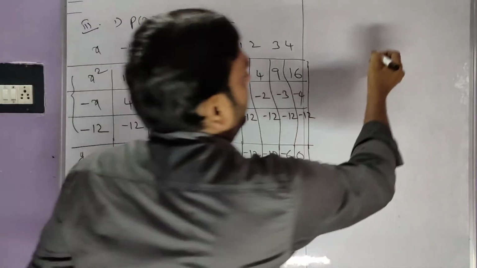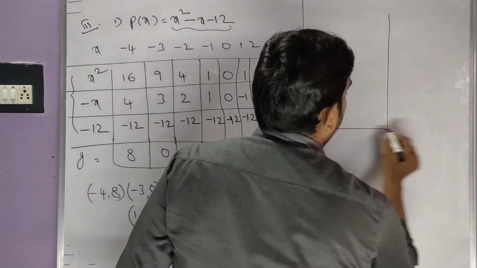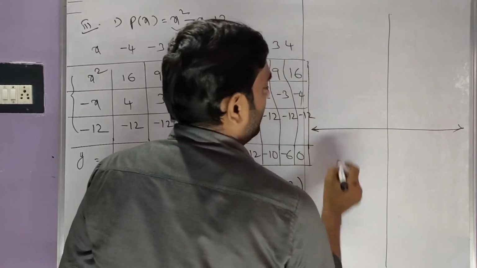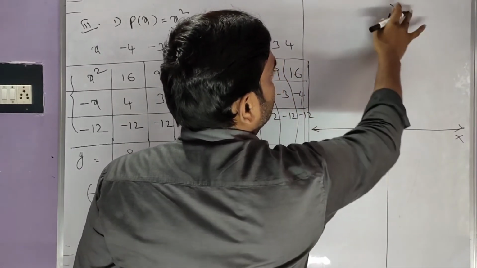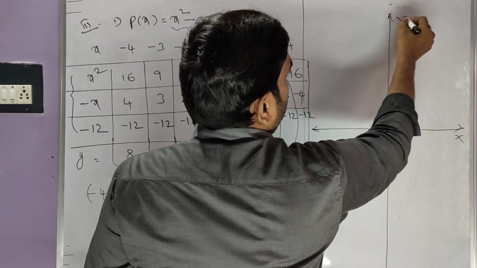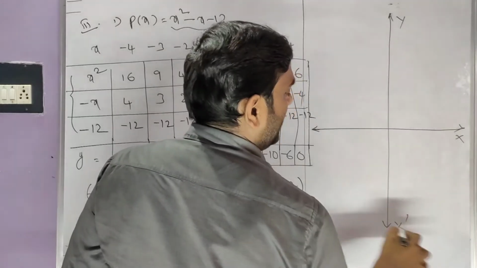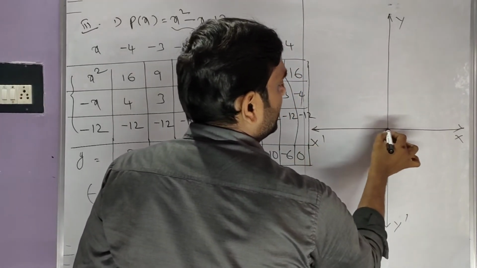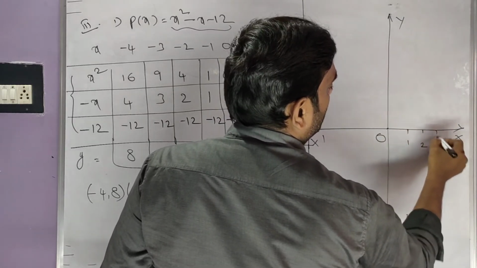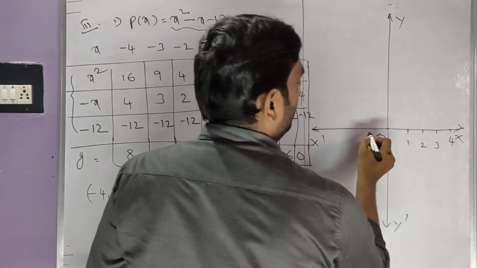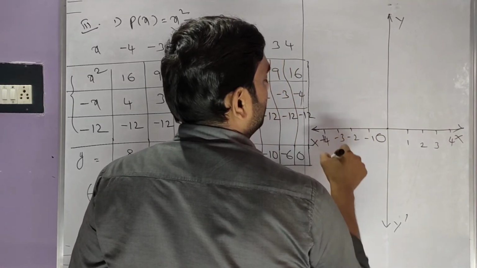Let's take the graph. X-axis, Y-axis, y dash, x dash. Here the origin 0, then 1, 2, 3 and 4, and minus 1, minus 2, minus 3, minus 4.